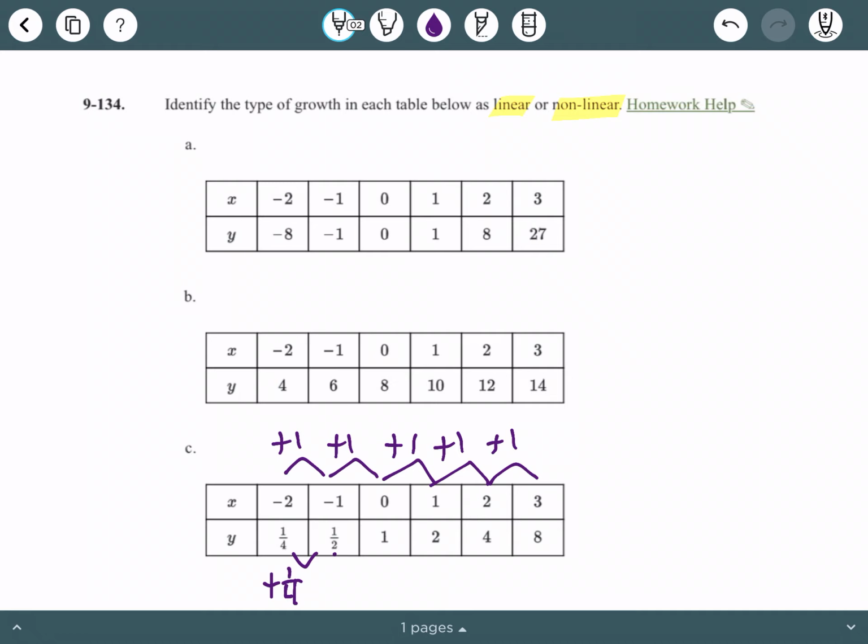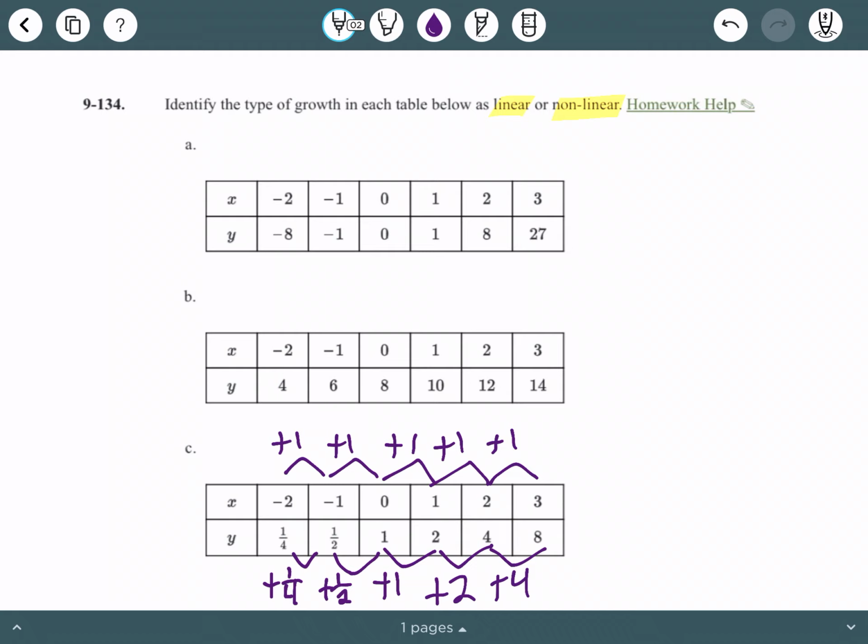To get from 1/2 to 1, I'm adding 1/2. To get from 1 to 2, I'm adding 1. 2 to 4, I'm adding 2. And 4 to 8, I'm adding 4.